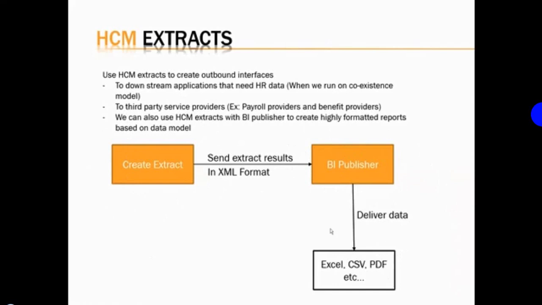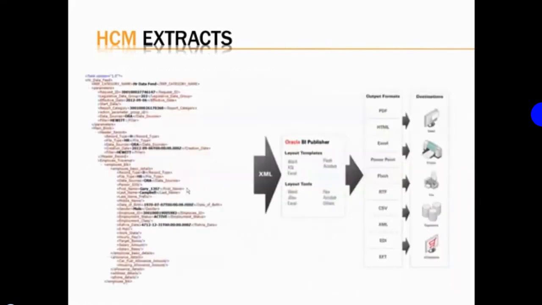And there's another thing which is specific to finance. Once we have the XML format data created using BI Publisher, we can create the report using templates, using MS Word, Adobe or Excel.